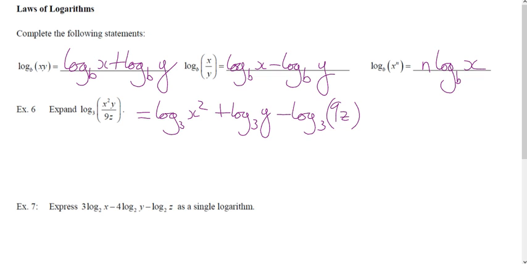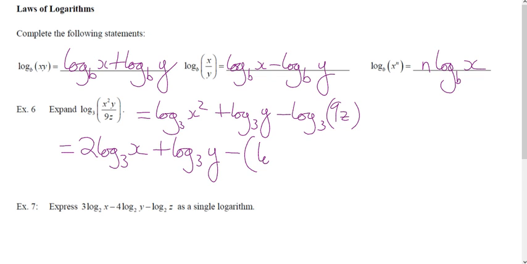Then we're going to kick the 2 out front, so it'll become 2 log base 3 x. We're not going to do anything with the log base 3 of y because it just is. And then we're going to go minus. We're going to say, wow, we got a product here, right? So we're going to have to split this product up. So we're going to go minus log base 3 of 9 plus log base 3 of z.